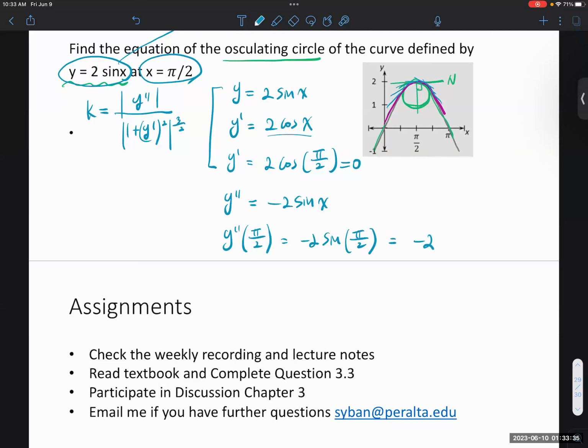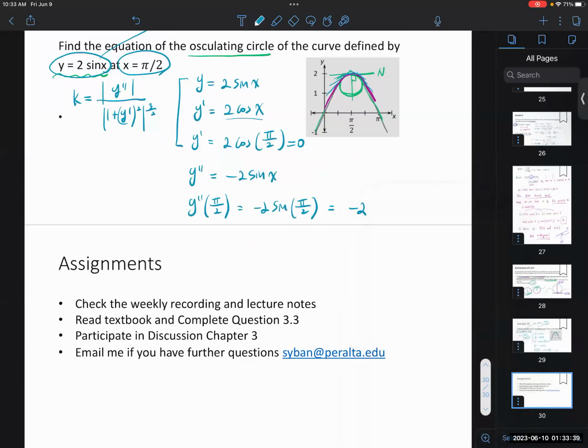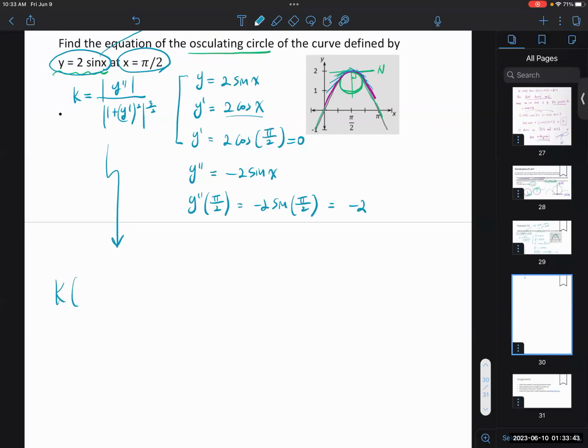So we have everything. We want to know the curvature K at pi over 2. So we have the absolute value of y double prime at pi over 2, divided by 1 plus y prime at pi over 2 squared, to the power 3 over 2.